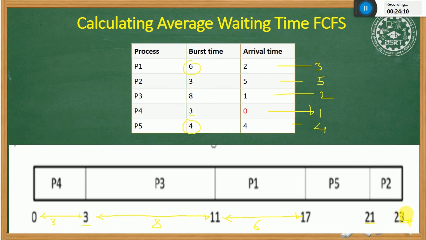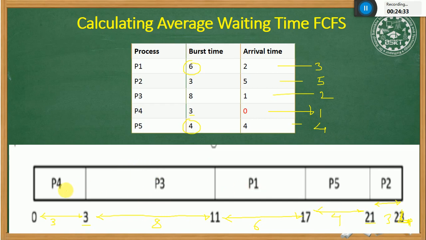It must be 24 at the end, so there is a mistake in the reference also. So 21 to 24 it will be P2, and 17 to 21 is 4 and it is 3.